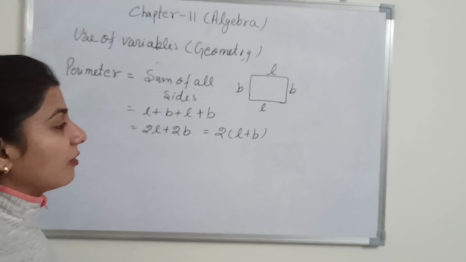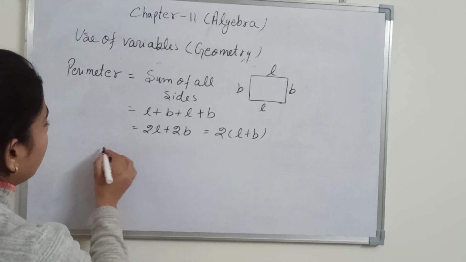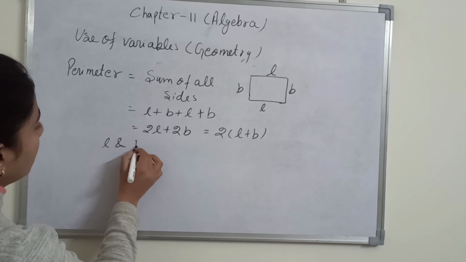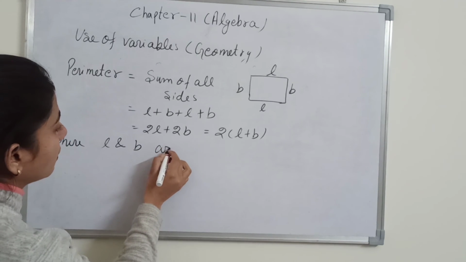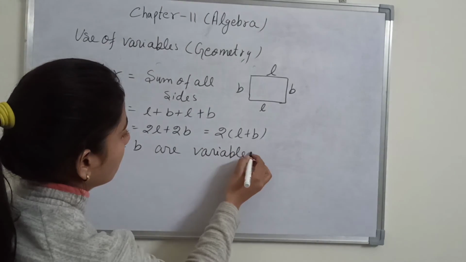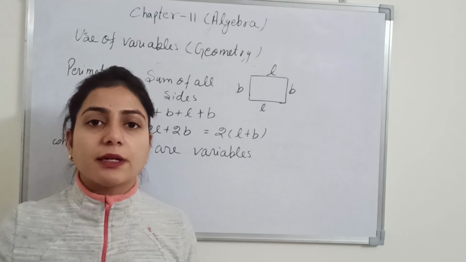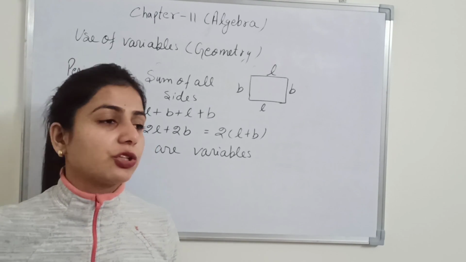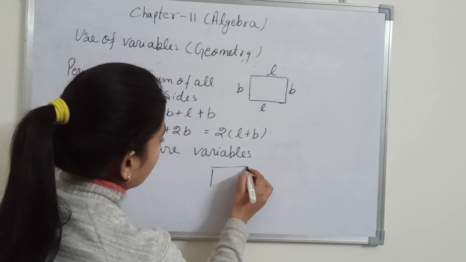So basically what I am explaining here is a derivation of the perimeter of a rectangle. Sometimes you forget the formula, so you can derive it like that. And what are L and B here? L and B are variables. Their values are also not fixed. They can be changed. It depends on the question. For example, here is one rectangle.